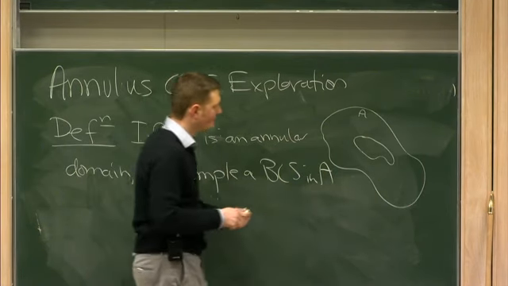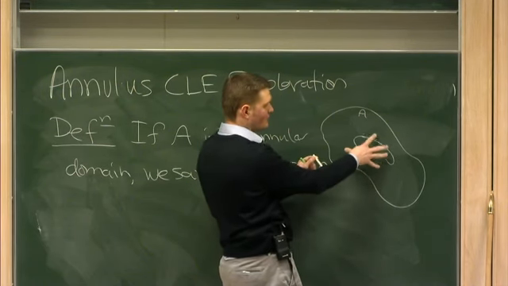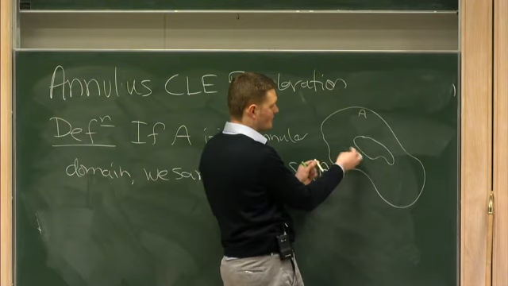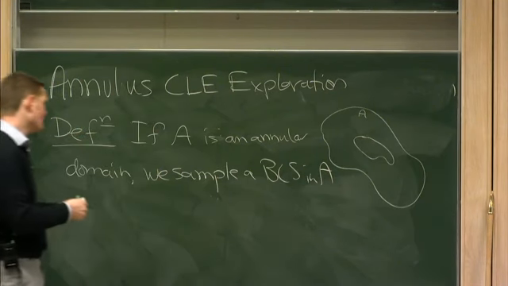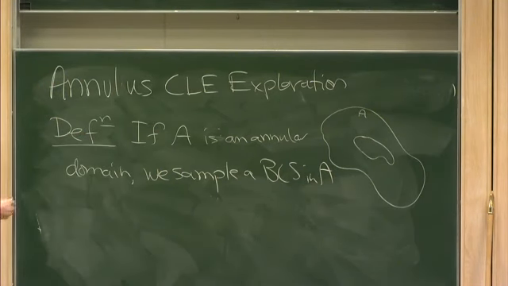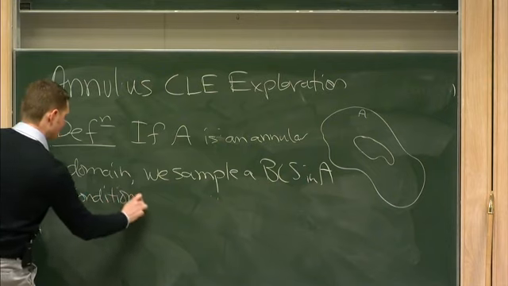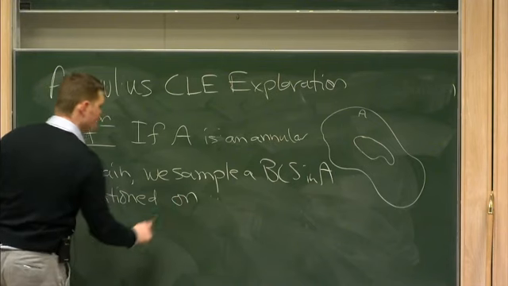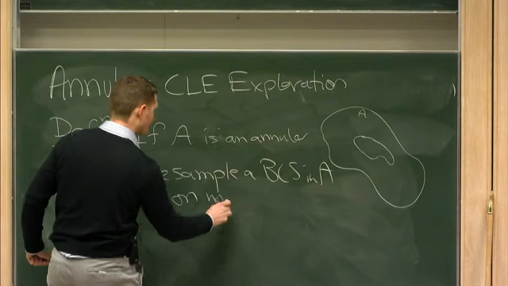Except the difference is that it's possible that the Brownian loop soup will make a chain of loops, a cluster of loops that goes around the inner boundary, and we don't want that. So we sample a Brownian loop soup in A conditioned on no cluster surrounding the inner boundary.